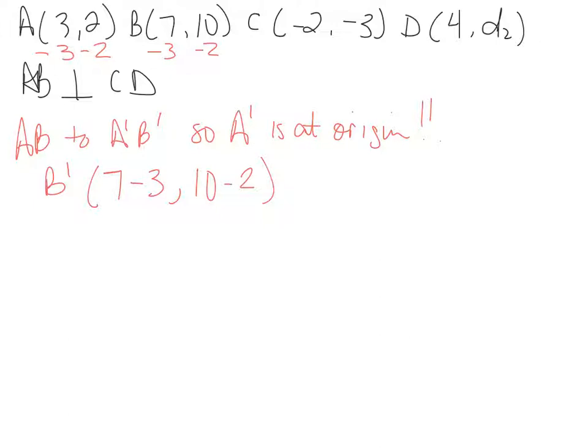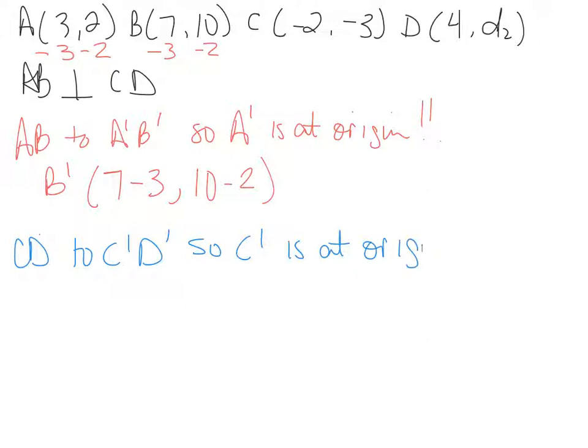Now, we want to translate CD to C prime D prime. So C prime is at the origin. Notice I'm doing this without any pictures. That means here I'm going to add 2 and add 3.